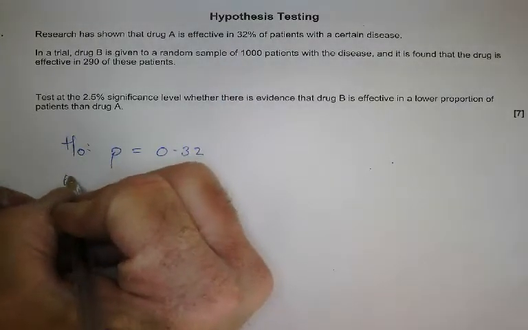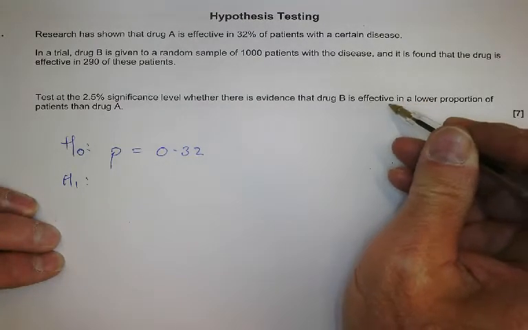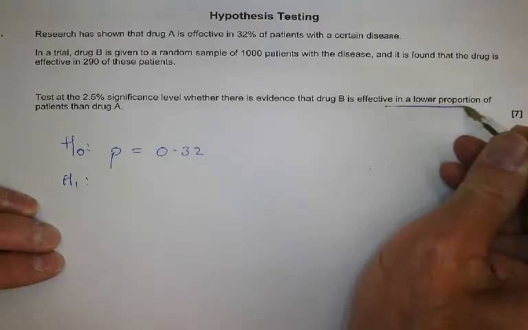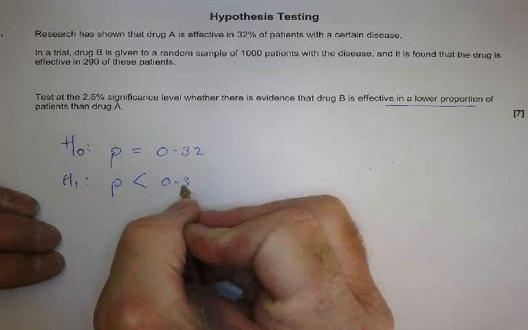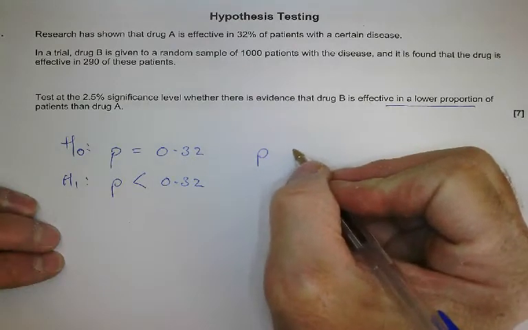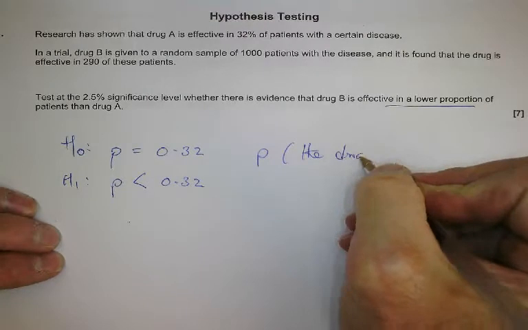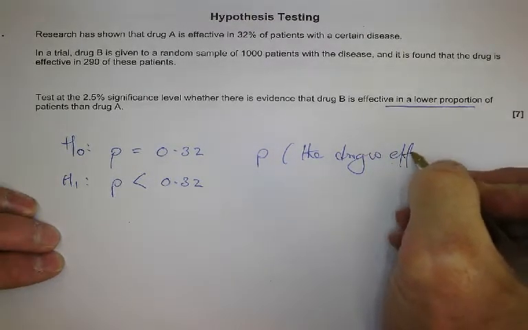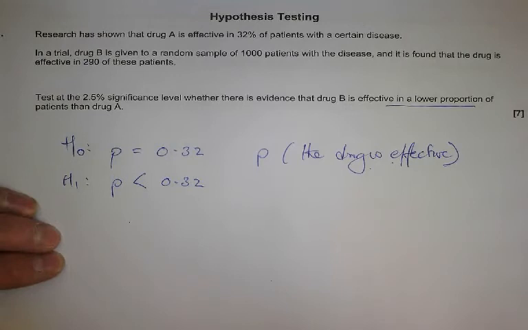And the alternative one is interesting, because it asks whether it's effective in a lower proportion. So is p lower than 0.32, where p is the probability that the drug is effective? Okay, so that's the probability there.